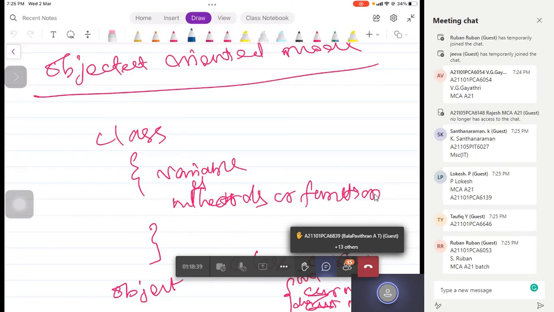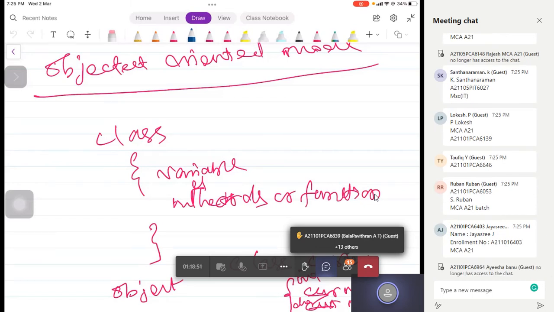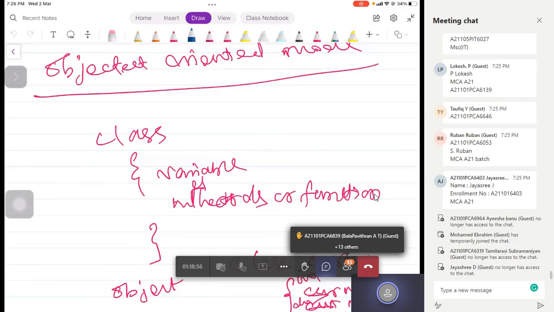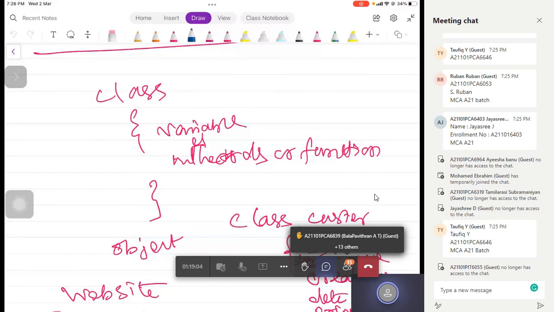But in the object-oriented data model, the object may be audio, video, images, text, JSON files, web pages, whatever it may be. That may be accommodated into one object or group. That is called an object-oriented model. So we have unstructured data, and you can manage it by using the object-oriented model.